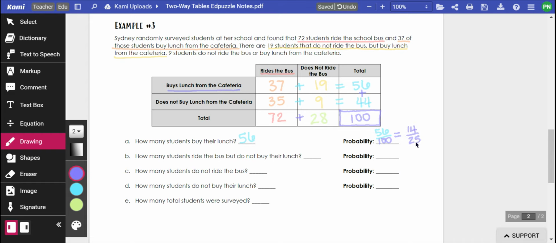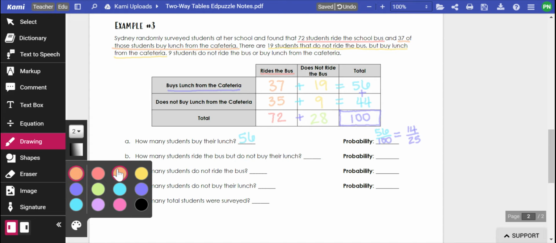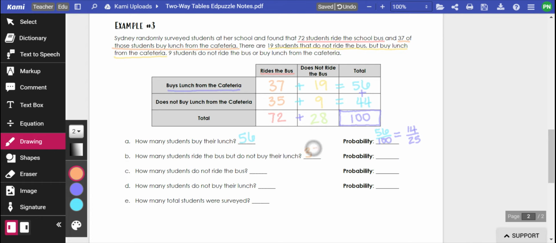All right, so how many students ride the bus, but do not buy their lunch? So we're looking at the 35 over here. And that would be 35 out of 100, which can reduce to 7 over 20.